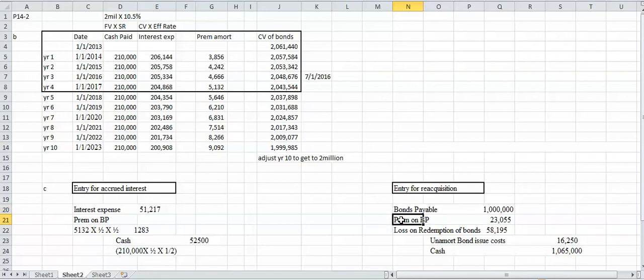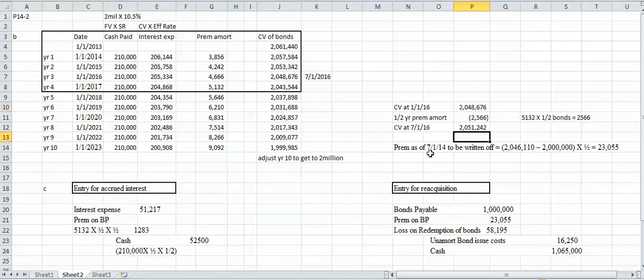Okay, let's look at the premium on the bonds. In order to do the premium on the bonds, I typed this in earlier, we need to figure out the difference between the carrying value and the face value. So how did I get the 2,046,110?